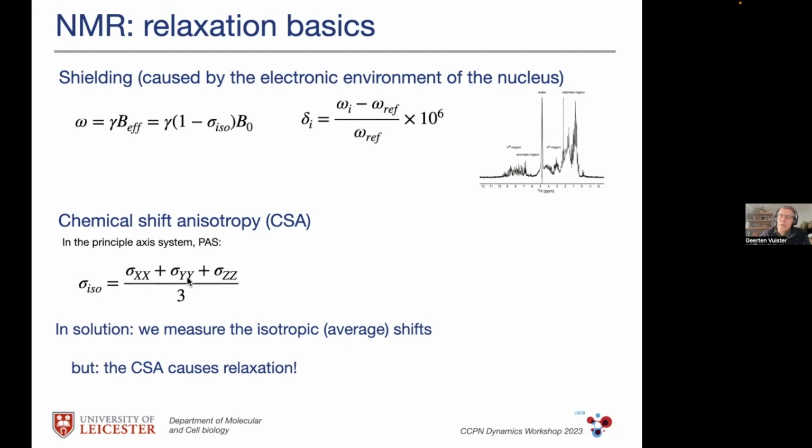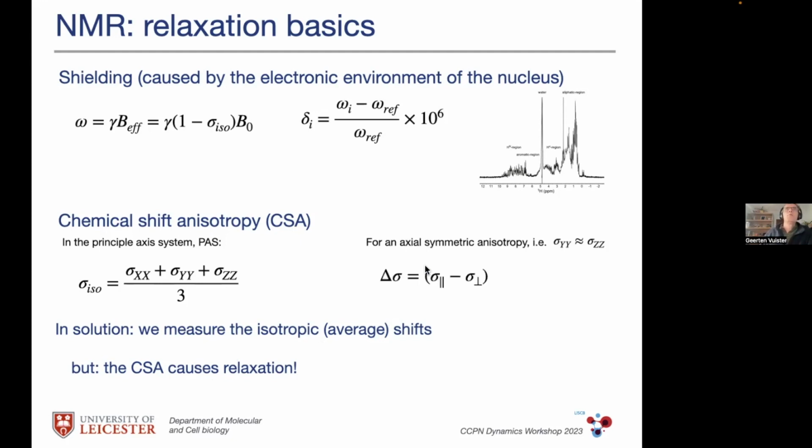And now you can see that if a molecule moves, things will be different depending on how the molecule moves. So this effect is called chemical shift anisotropy. Anisotropy is just a fancy word that things are different in different directions. And for our isotropic shifts that we measure, we don't have any effect of it, but it does cause relaxation.